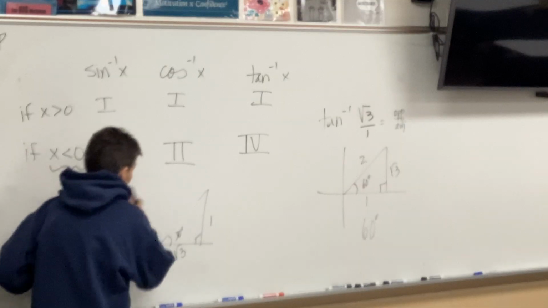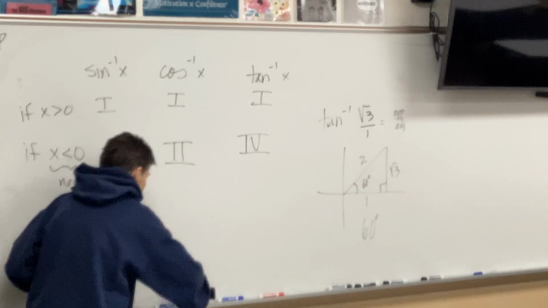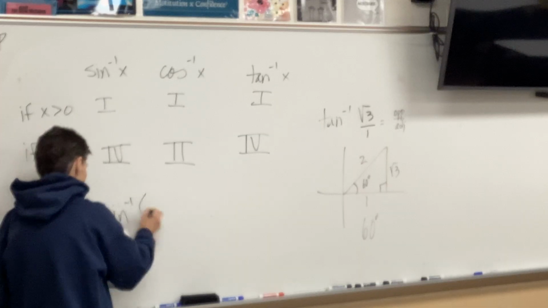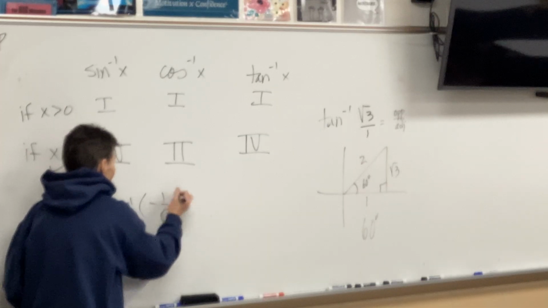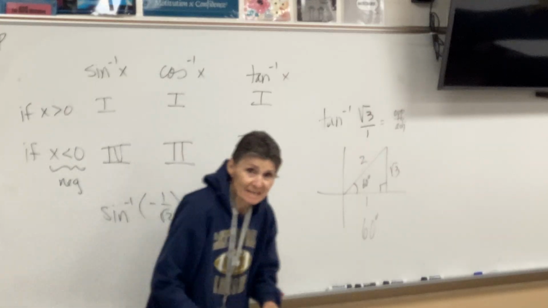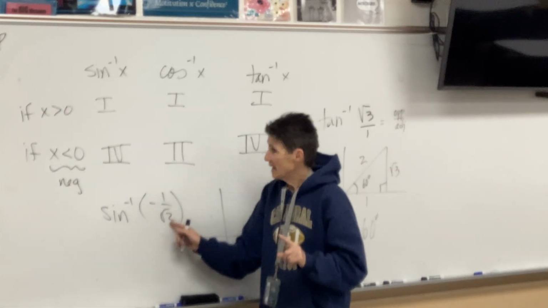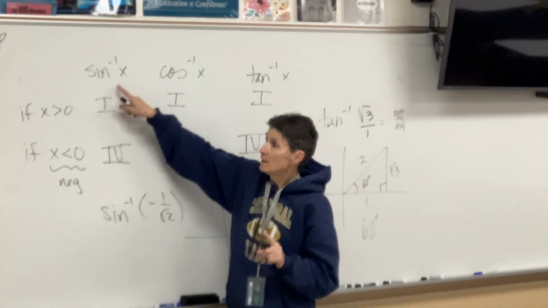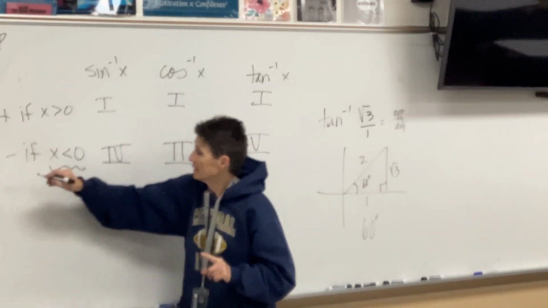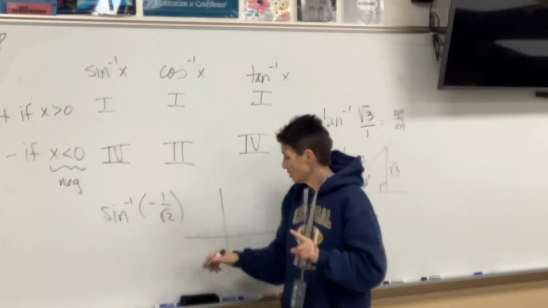Oh, now we have a negative one. A negative one. Okay, no big deal. You got the rules. You want to find the angle. Sine is -1 over √2. So this is a sine, and it is a negative. So sine negative. These are positives. These are negatives. So that's going to be in quadrant 4.